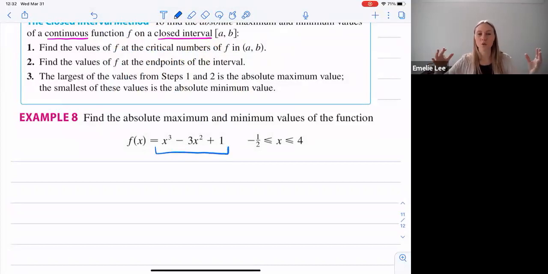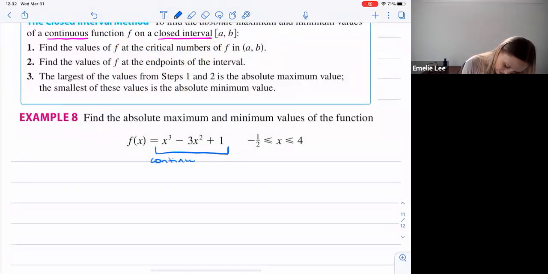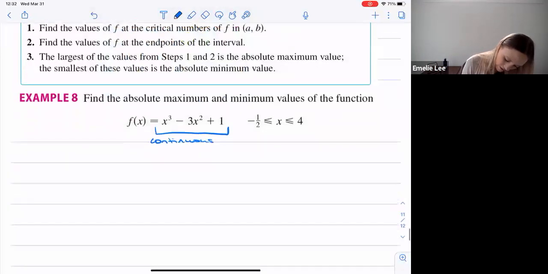Because the domain is the set of real numbers, and continuity has to do with the domain, it's continuous on the set of real numbers. So here, this is continuous because it's a polynomial.